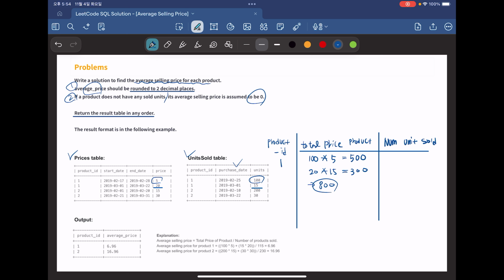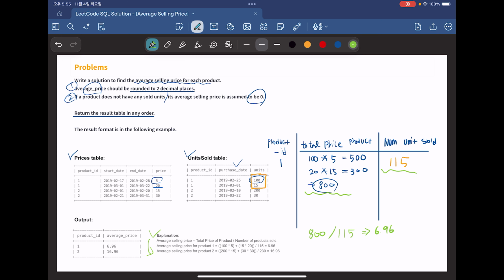The number of units sold, we have to count together, so it will be 115. What we have to calculate is to divide these two, so 800 divided by 115, and if you represent it with 2 decimal places, it will be 6.96. That's the explanation of how we calculate it.